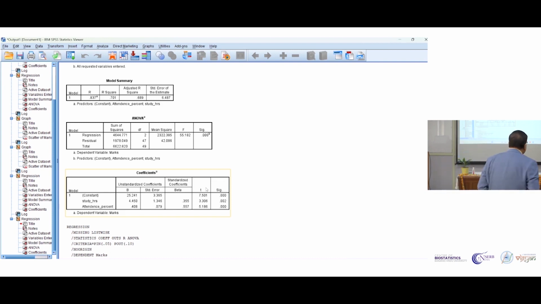The beta coefficient of attendance says there will be increase of 0.41 marks if attendance is increased by 1%. Bracket में.